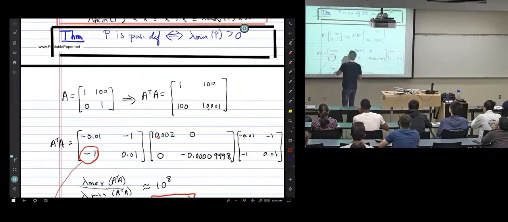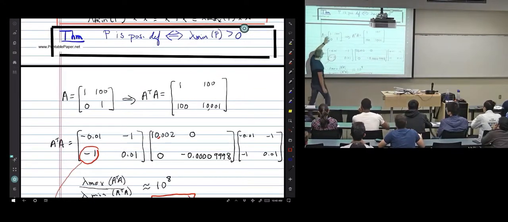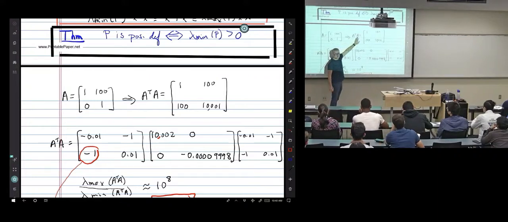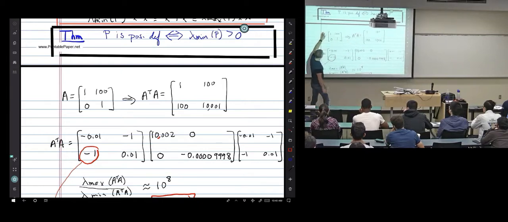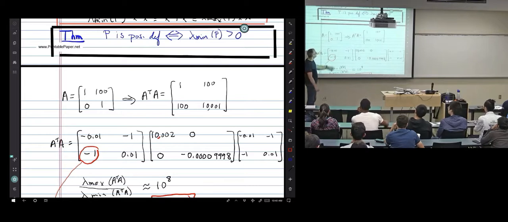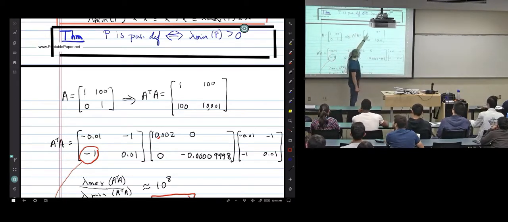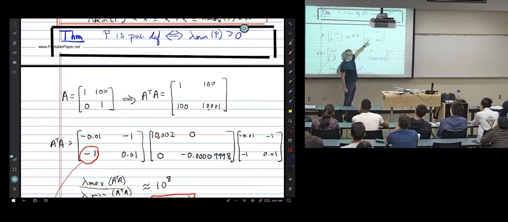But remember, we have this result that the rank of A and the rank of A transpose times A are the same. So in fact, the determinant of A transpose A is the determinant of A squared. This is 1, so the determinant of A transpose A is 1. And yeah, that's true. It's 1 times 10,001 minus 10,000.